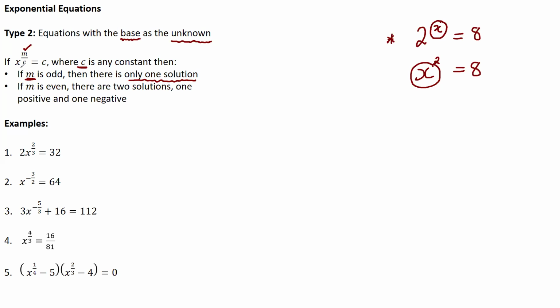But if m is even, then there are two solutions, a positive one and a negative one. That's quite important, right? So that at least we can pull through from there.